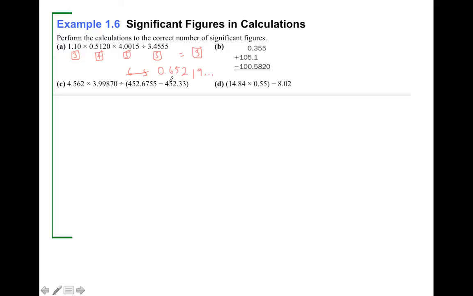It looks like I've got 3 sig figs here, so that's going to round to 0.652. 0.652 is the answer there. All right, what about this one?